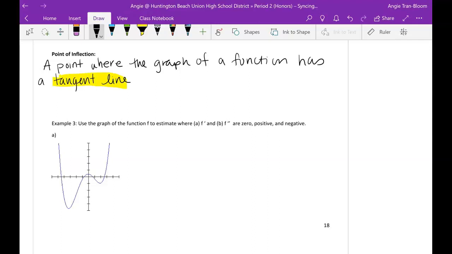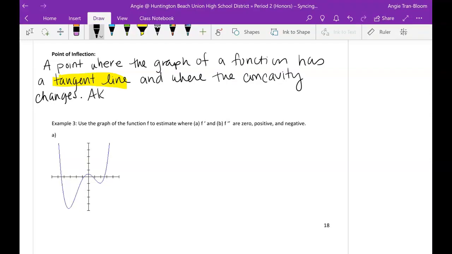So far we know a point of inflection is a point where it has a tangent line and where the concavity changes. So where the concavity changes, what that means is another way of saying it, okay?